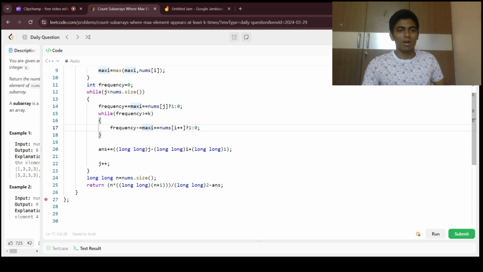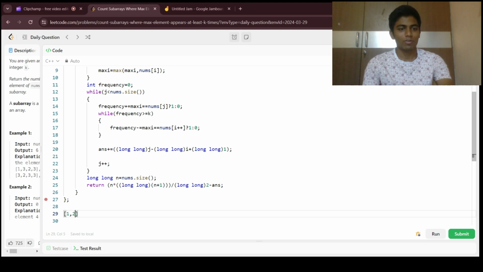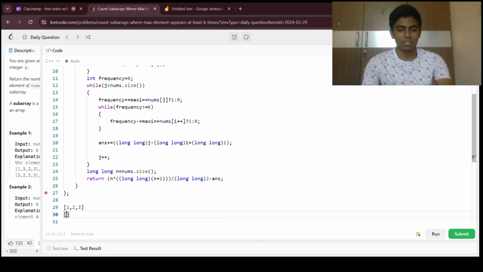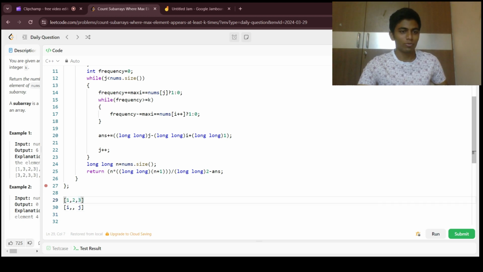And at some point, if the frequency is less than k, say I have elements 1, 2 and 3, with i here and j here, and the frequency is less than k, that means I can consider the whole array 1, 2, 3, or I can consider 2, 3, or I can consider only 3.